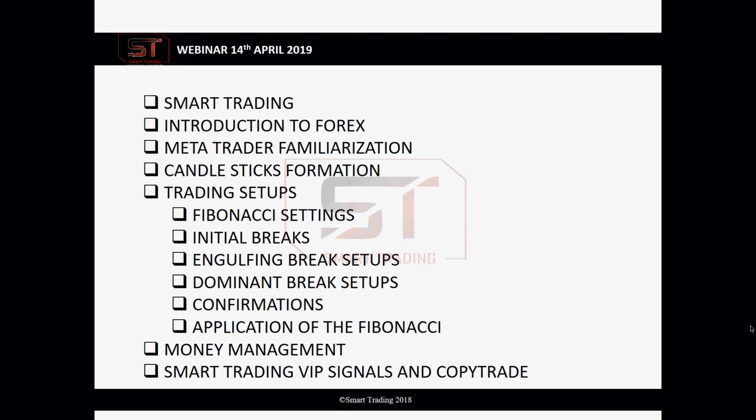Then later on, we'll move on to a little bit of introduction to Forex, a quick guide for the new guys on how to start up from here on. I'm going to cover a little bit of the MetaTrader itself on the computer, and it should be more or less the same on the phones as well.